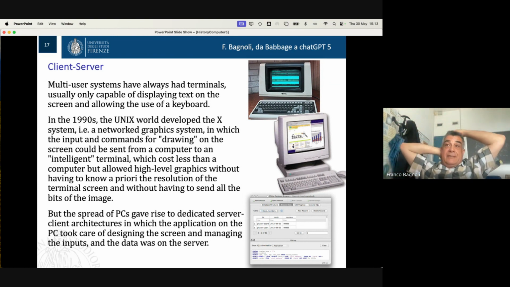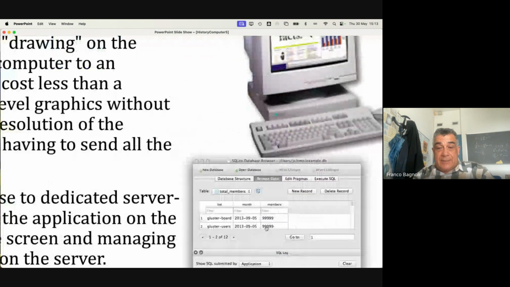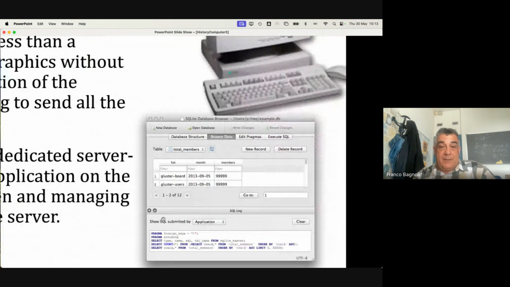Then, after some time, the terminal was replaced by a computer with Windows, and in Windows a similar terminal was run, but in this case the update of the screen was done by the computer, while only the data was obtained from the server. And so, for instance, this is an example of an interface, in this case for a database.